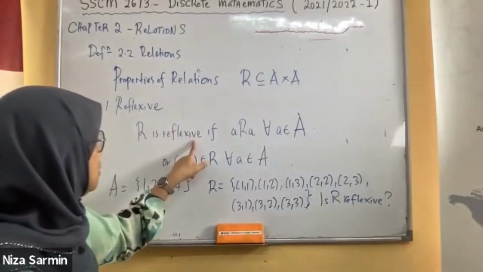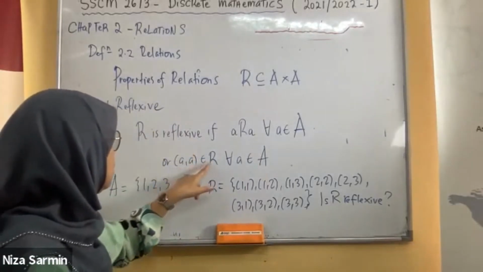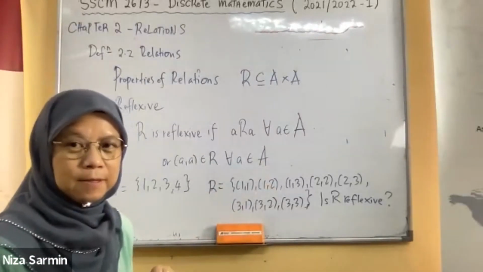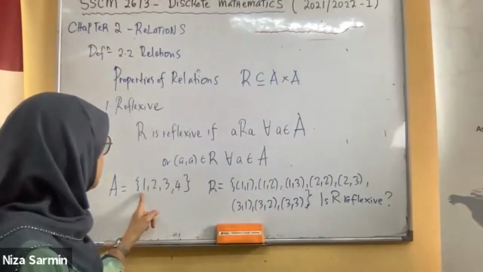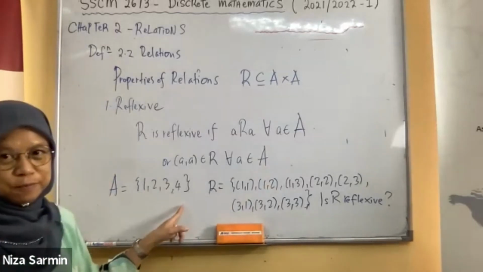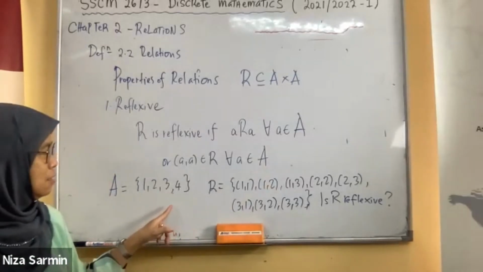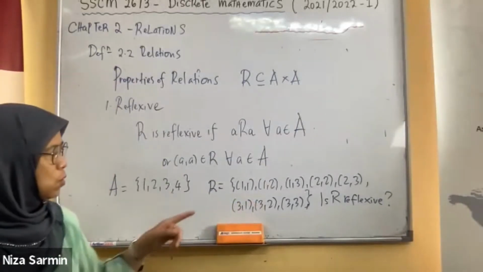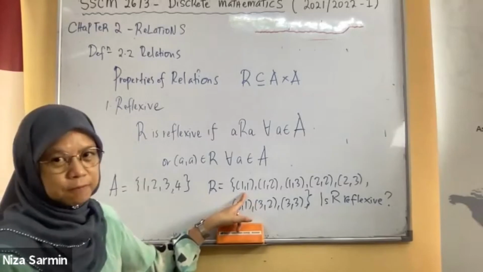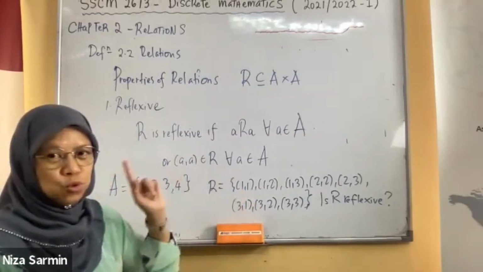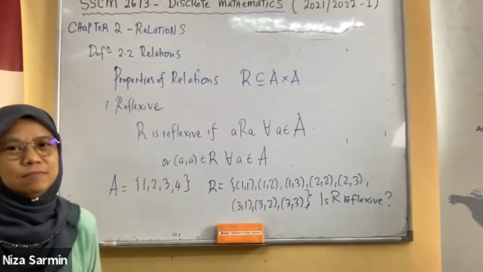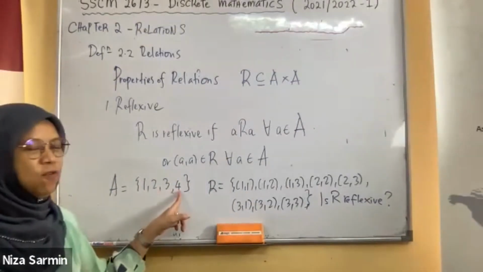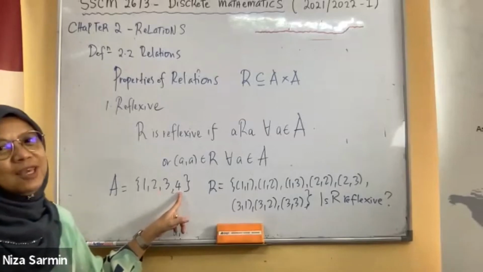It is reflexive if A, A is in R for all A in A. If A is 1, 2, 3, 4. Okay. Do you see 1, 1 in there? Yes. Okay. 2, 2, yes. 3, 3, also yes. 4, 4, no. Okay.